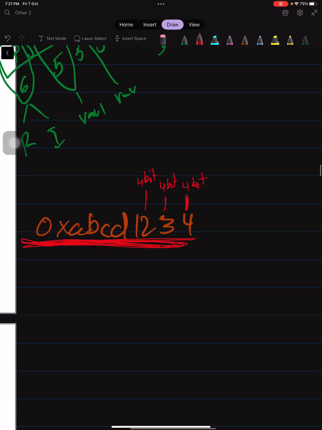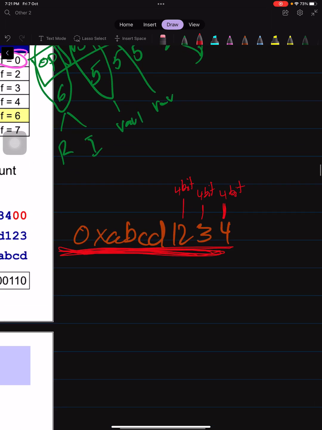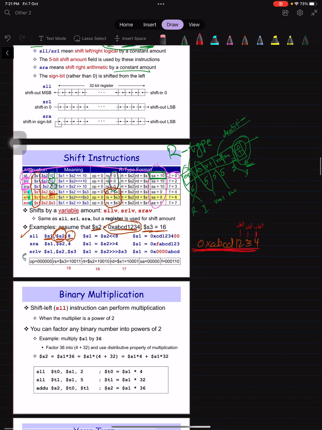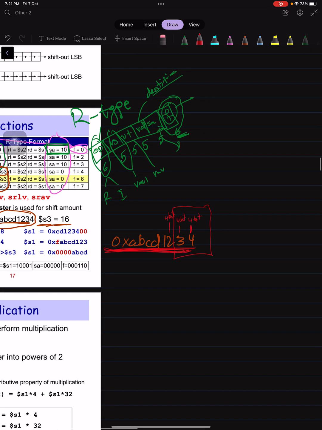That's why he wants me to shift by 8. By 8 means 2 digits. Shifting left means these two are going to be removed, they go out and we're done. So I will have 0xCD1234 and we're going to add 2 zeros on the left, on the right, sorry.